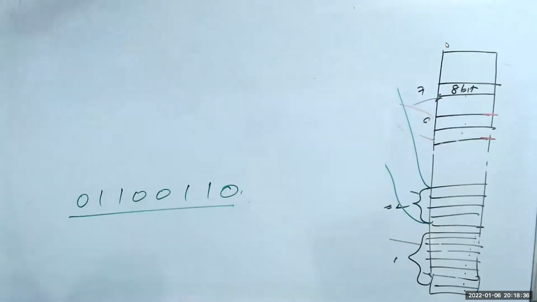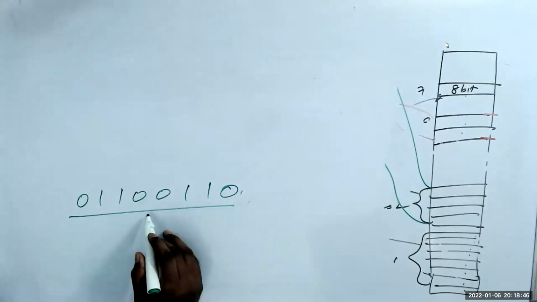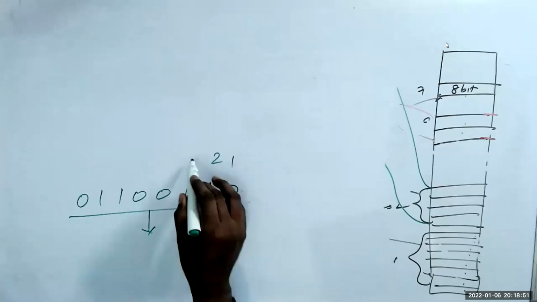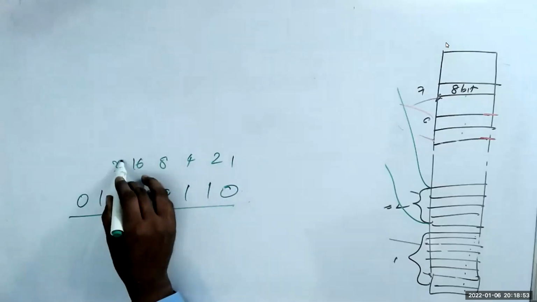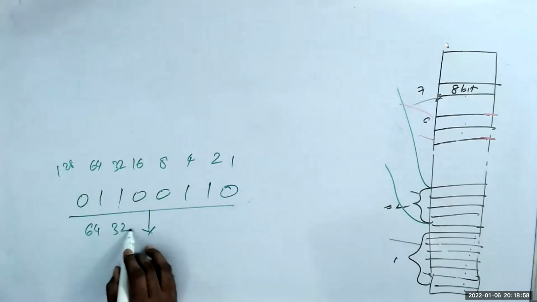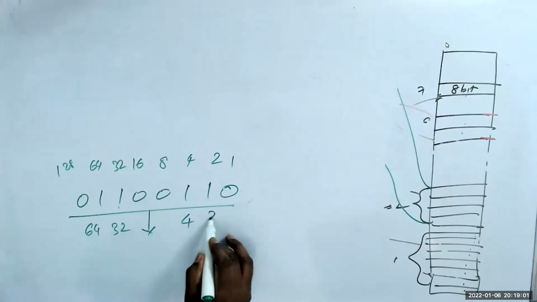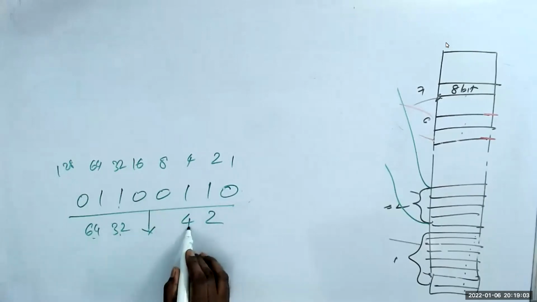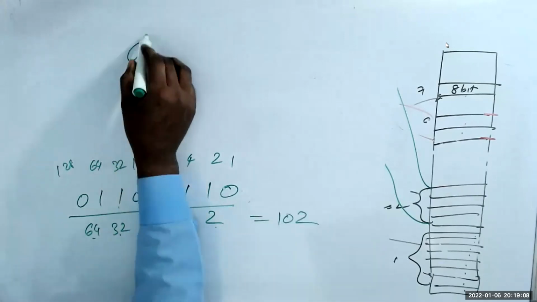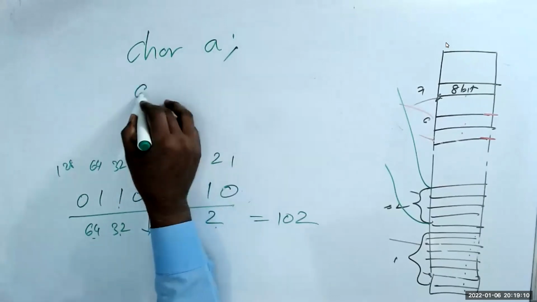How do you store it? In the initial days, when Dennis Ritchie designed this, what he did was, I have to convert this to decimal: 1, 2, 4, 8, 16, 32, 64, 128. 64 plus 32 plus 4 plus 2: 96 plus 4 is 100, 102. Now I have to write char A equal to 102.